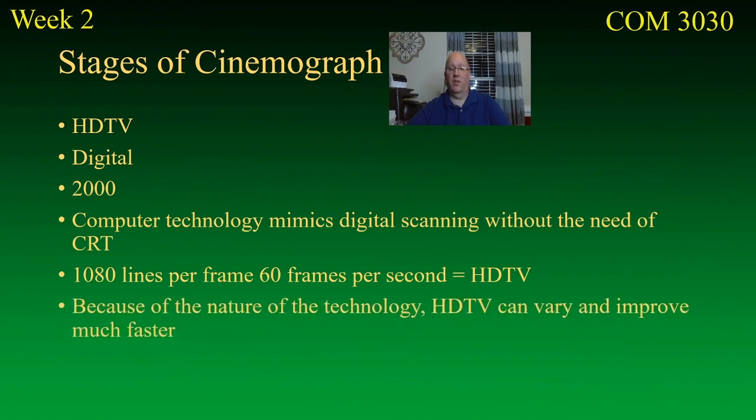And let me qualify that also. Because of the nature of the technology, HD TV can vary and improve faster. For example, you've heard the term 4K. That is literally 4 times the resolution of high definition television. So we've gone from having incredibly bad television to what really is a dream: 1080 lines instead of 525.